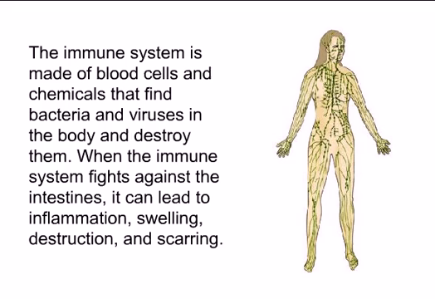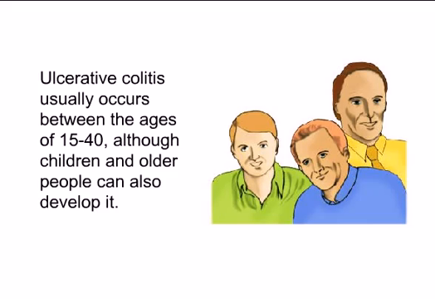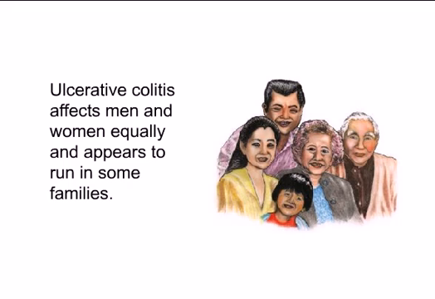When the immune system fights against the intestines, it can lead to inflammation, swelling, destruction, and scarring. Ulcerative colitis usually occurs between the ages of 15 and 40, although children and older people can also develop it. Ulcerative colitis affects men and women equally and appears to run in some families.